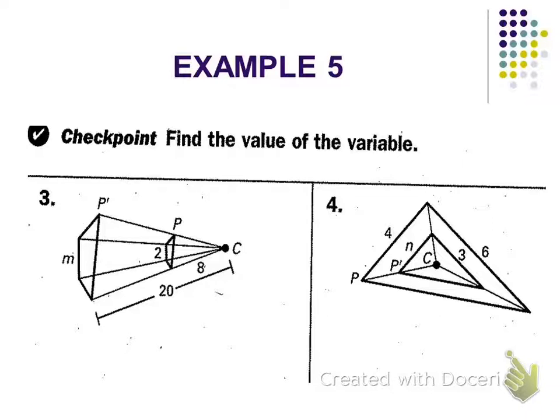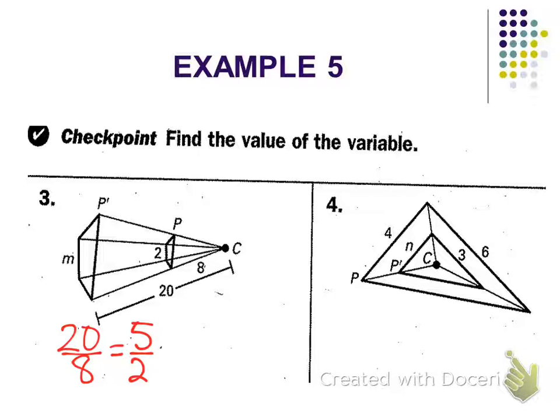So a point C to a point that's on the same figure as P prime. Let's do it that way. What's that distance? 20 over C to our original figure, 8. Can we reduce that? What does it become? We can do it more than that. 5 and 2, we said.